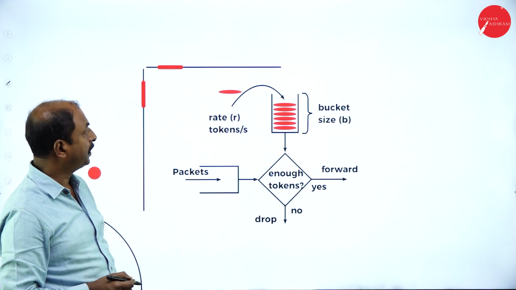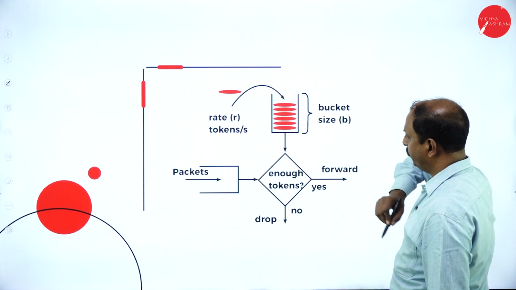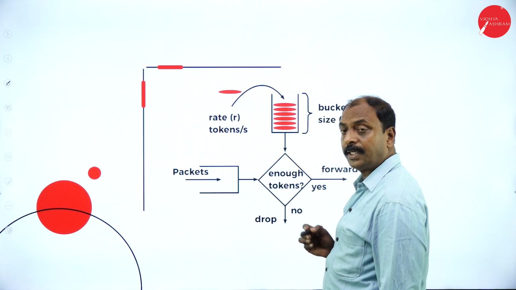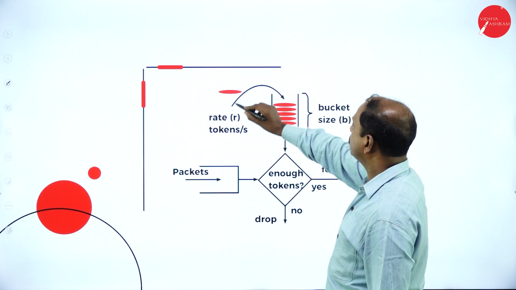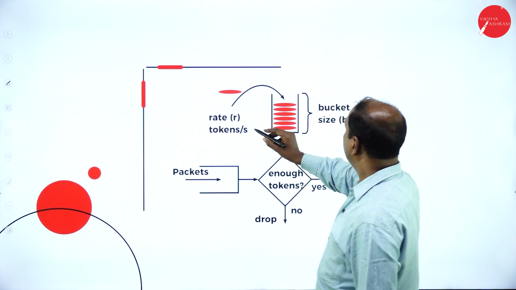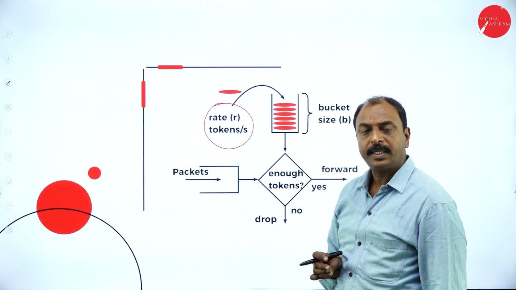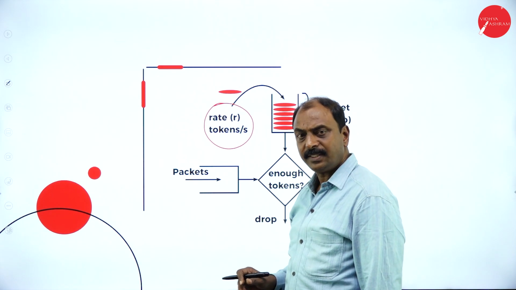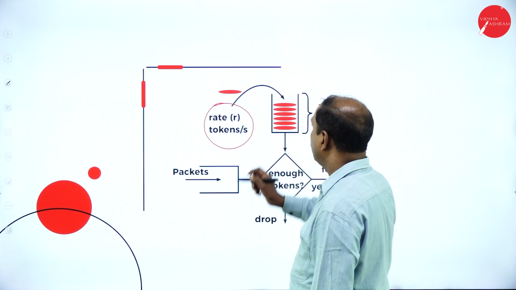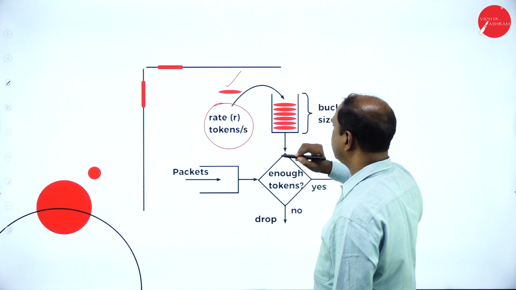Now look at the diagram here. This is the diagram for the token bucket algorithm. Here the rate at which tokens get into the bucket is regulated, meaning that at a constant clock tick, at a regular interval of time, tokens are thrown into the bucket.